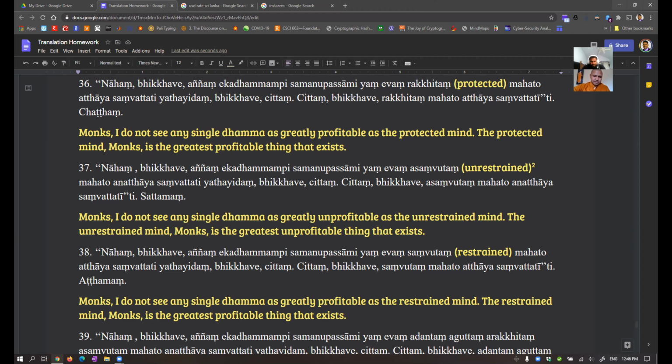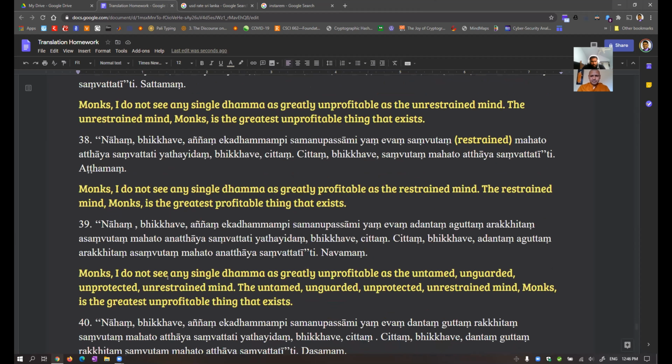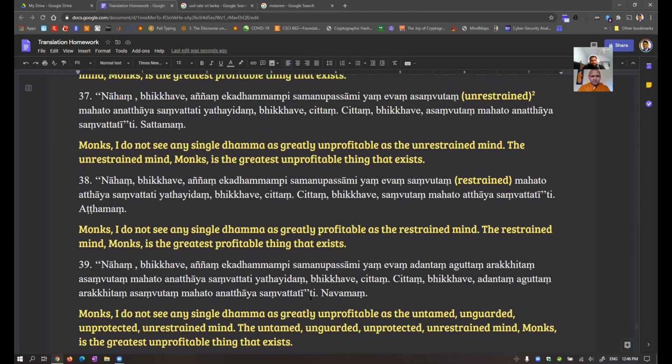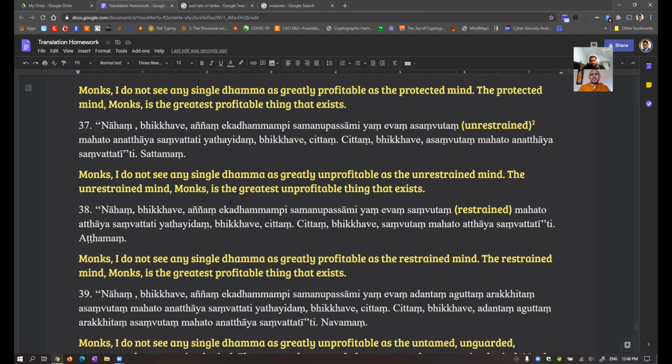And finally, the Buddha basically combined everything: untamed, unguarded, unprotected, unrestrained mind. So that's why I said I like Anguttara Nikaya, because it's boring and easy for someone who is trying to translate. You can cheat your way around it quickly. Just have to do it once. Then Bhikkhu Bodhi was a lazy monk.